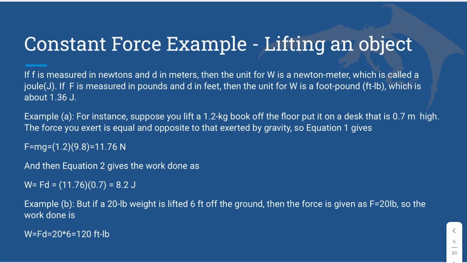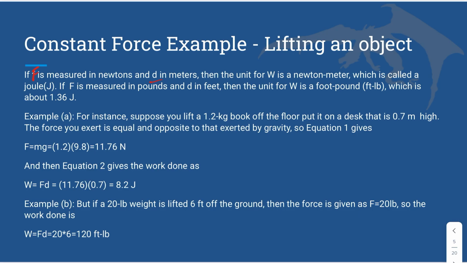Now, we also see that force, and this should be a big F here, is measured in newtons and D, the distance, in meters. And we call that unit of work a joule.